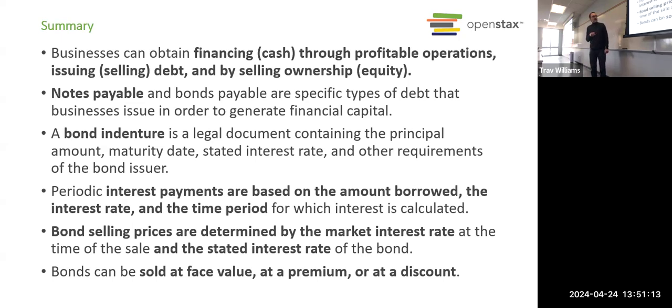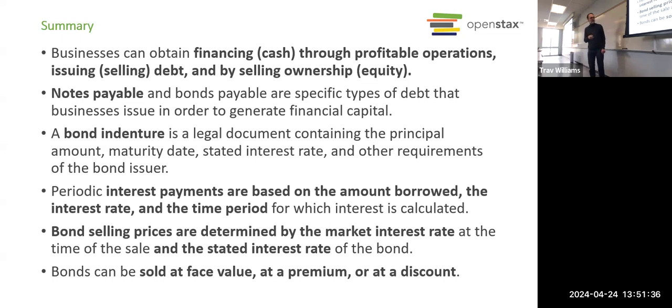So the interest payments are based on the interest rate, the amount borrowed, and the time period that the interest accrued over. We know bond selling prices depend on the interest rates. Those market rates go up, bond prices go down, market rates go down, bond prices go up.